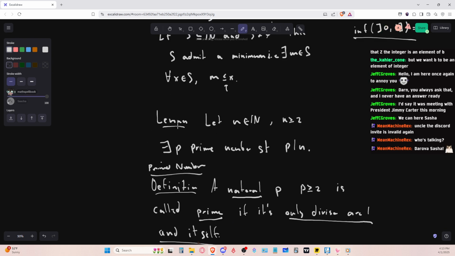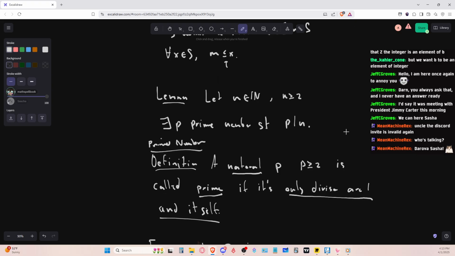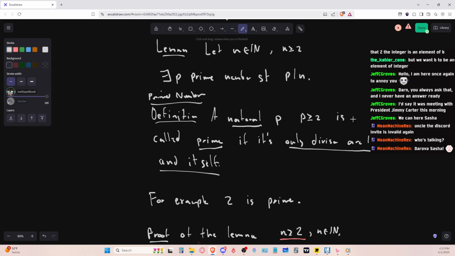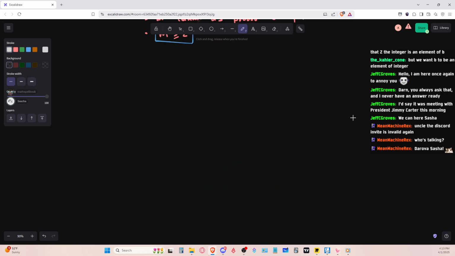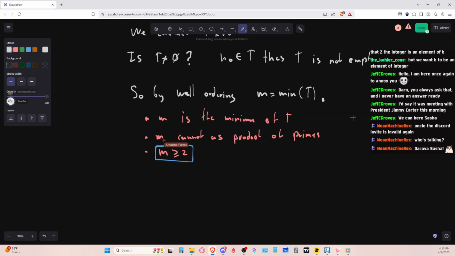Okay. So the lemma we had was: let n be an element of the natural numbers, n greater than or equal to 2. There exists a p prime number such that p is a divisor of n. Exactly. So do you agree that we can apply the lemma on M because it's greater than or equal to 2?